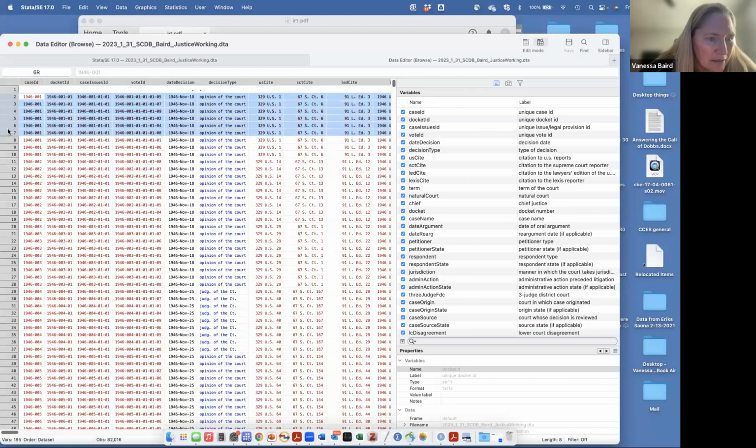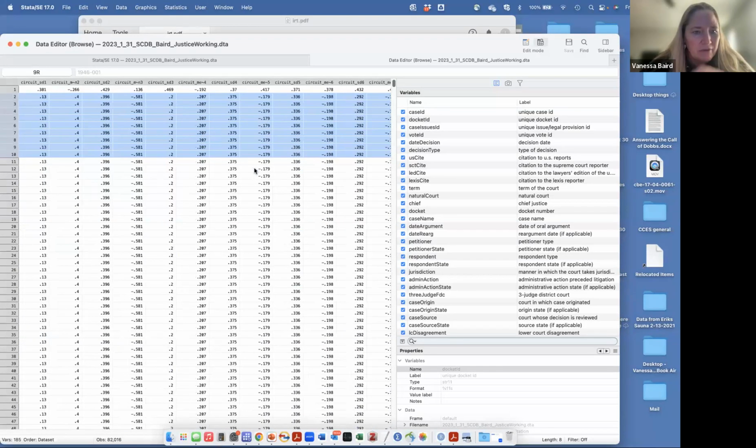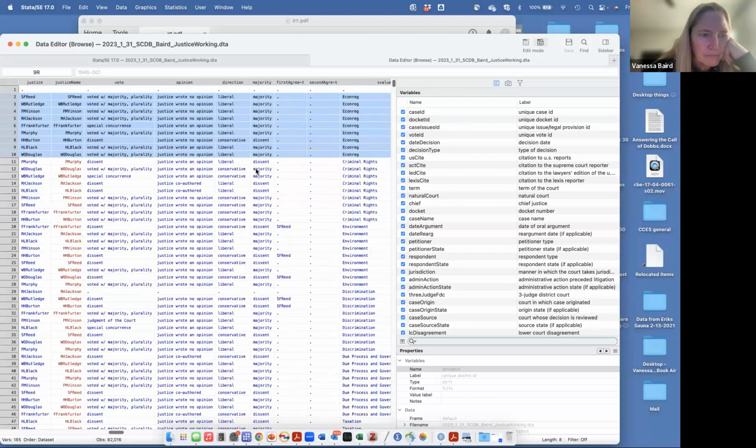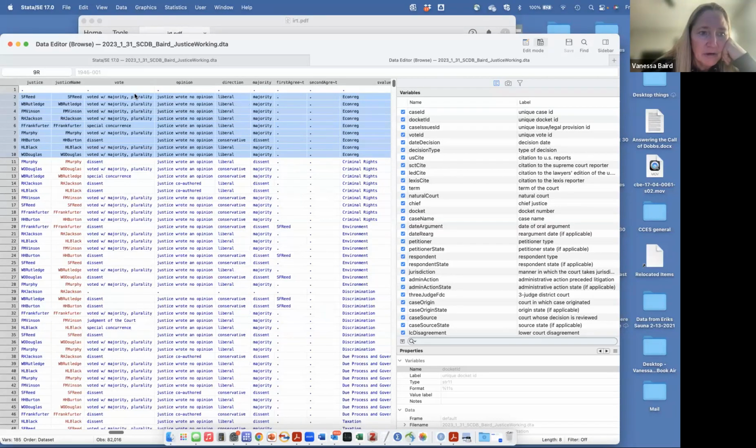So now you can see 9 versions of the case ID, 1946-001. And then you go across and you have who the justice is, and so then when they voted with the majority, they voted in a liberal direction, which varies not by case any longer, but by justice case.